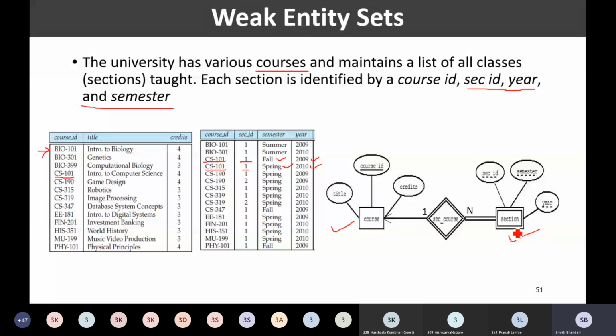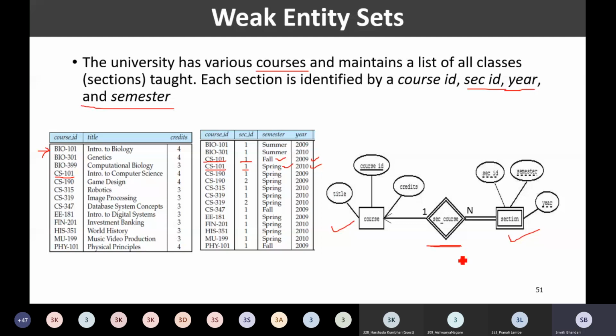So we are having here the relationship between course and section, but this relationship is now the relationship between course and the related weak entity set, and that is why this relationship is not the normal relationship set, but is known as the identifying relationship set and is depicted in ER diagram using this double diamond, right?